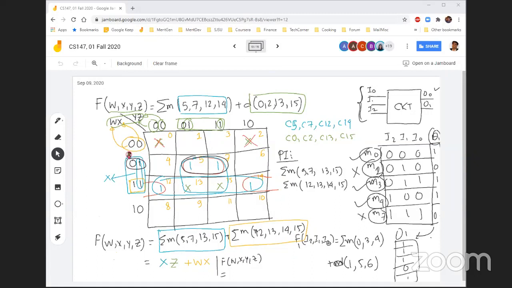So w bar x z, or now look at this group, where w and x are constant at 1, and then you have z bar. So that becomes your optimized or reduced function.